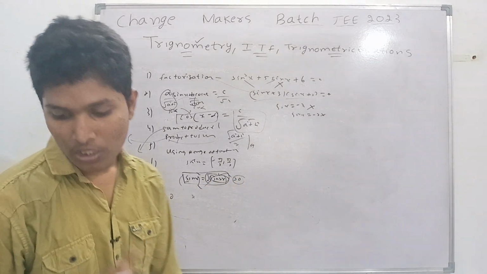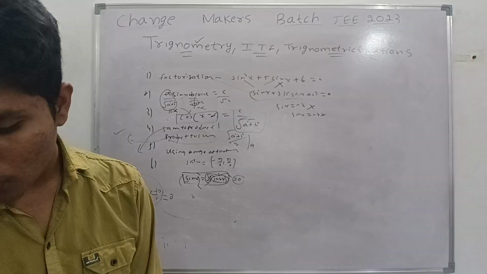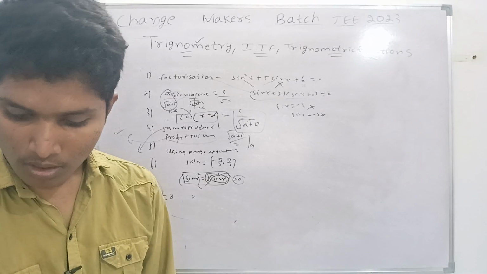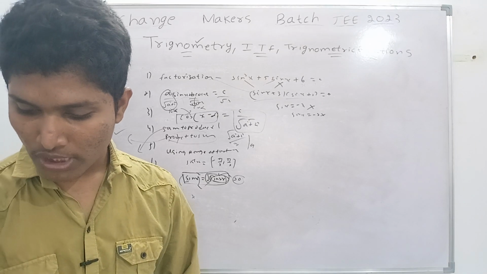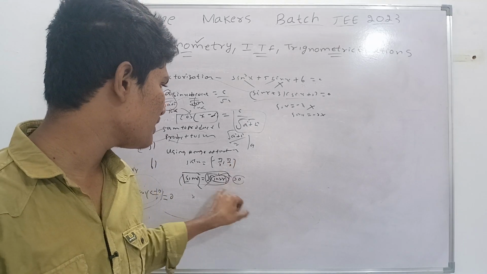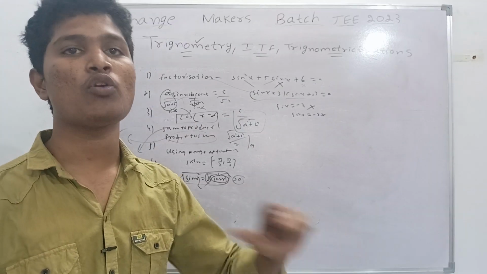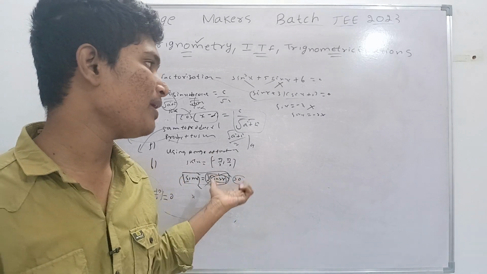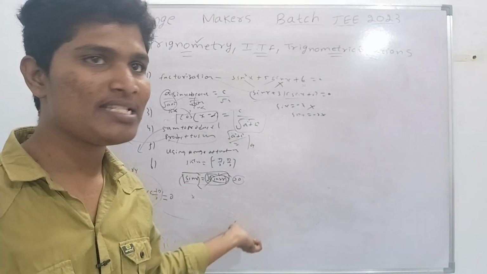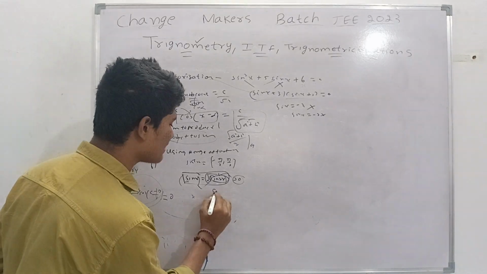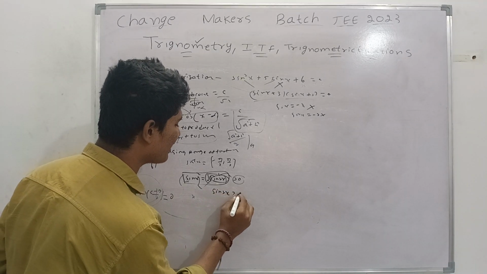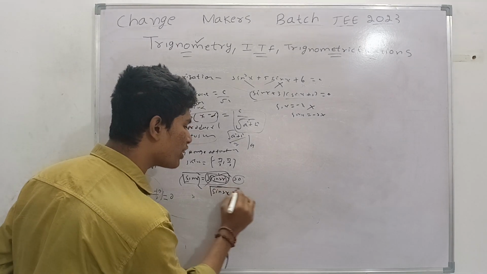For root type questions, you first have to check the domain, that is, what is present under the root, and restrict the domain. It cannot be negative, it can be 0. So you have to keep sin 2x greater than or equal to 0.